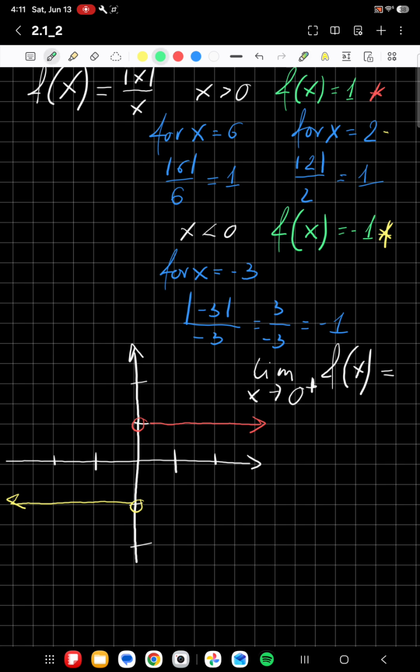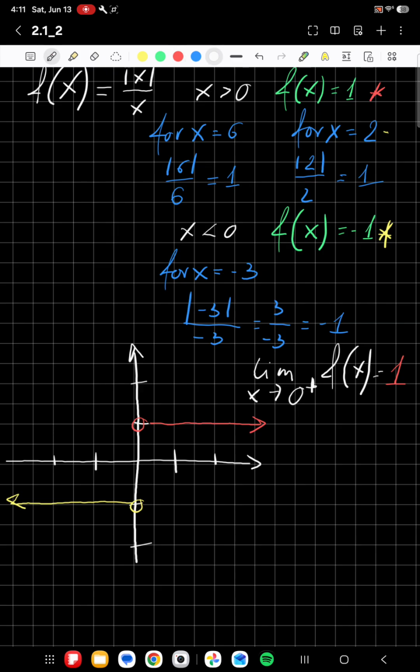Let's make this a little closer here, and then I can write that 1. That's going to be the red 1. So that's the limit with x approaching 0 from the right.